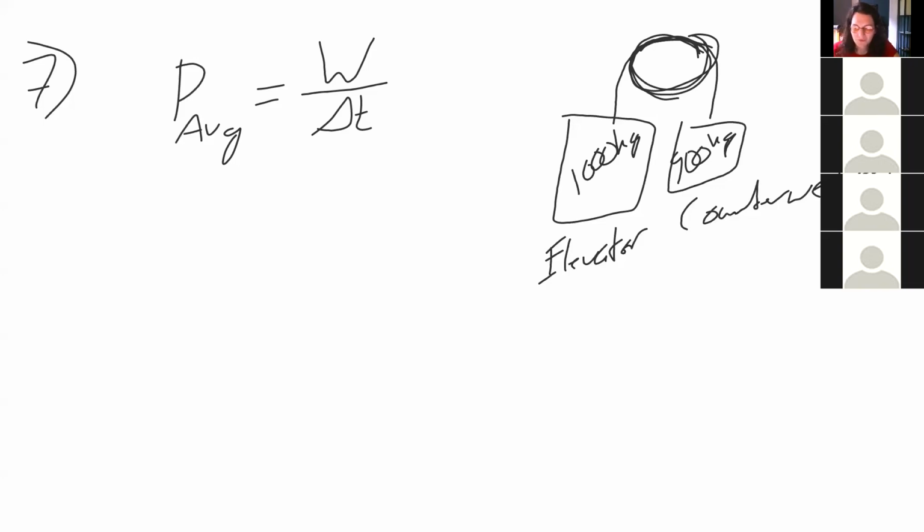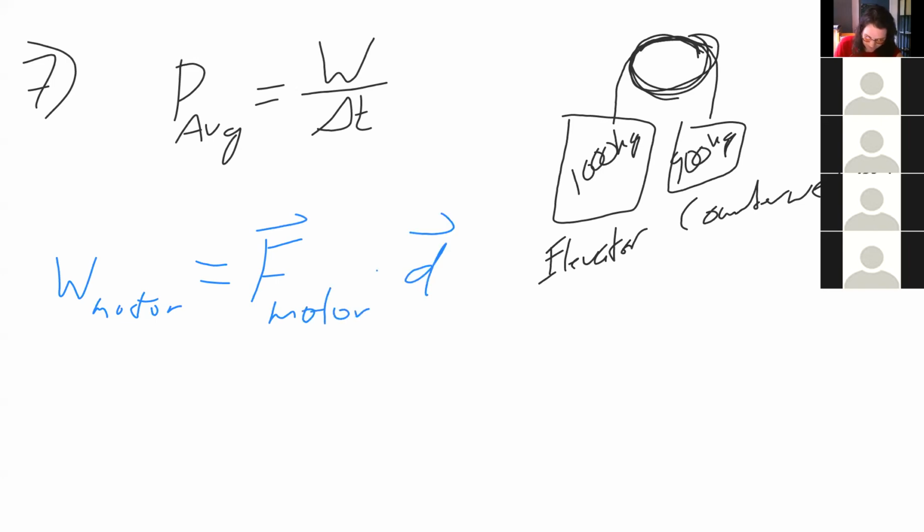All right, so if I want to find the work done by the motor, I can then relate it to the power of the motor. So far we've only done net work, but if I just want the work done by a single force, instead of net force times displacement, the work of the motor will be equal to the force of the motor dotted with the displacement.